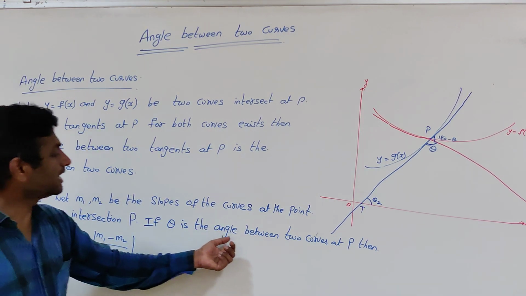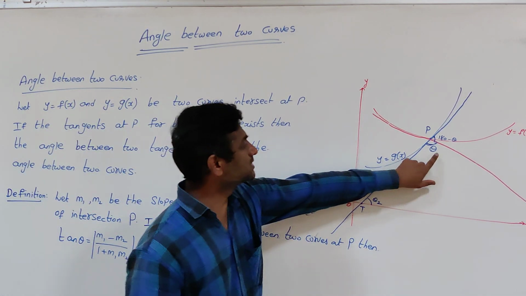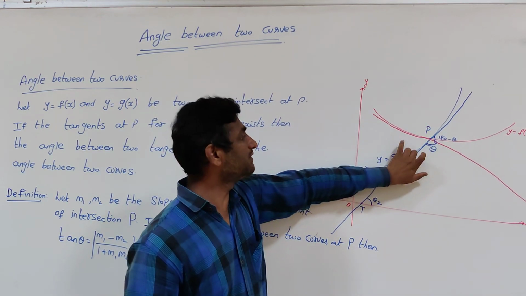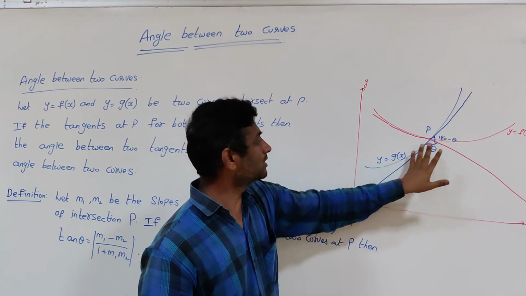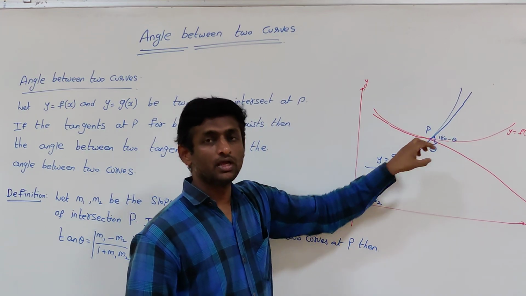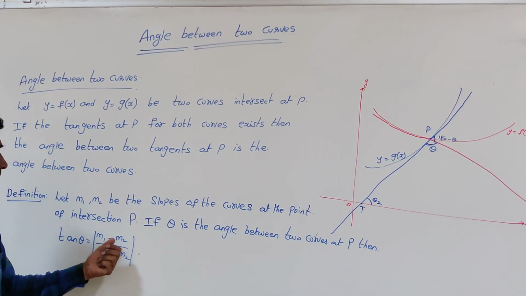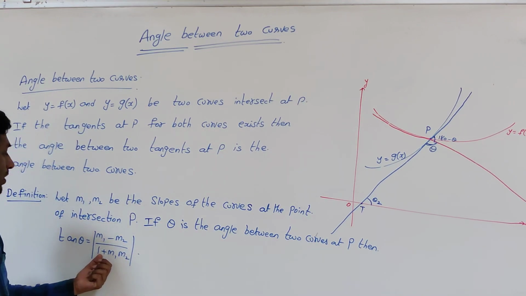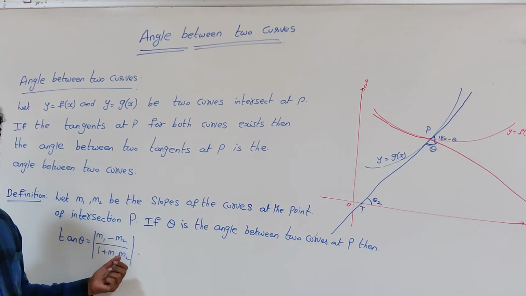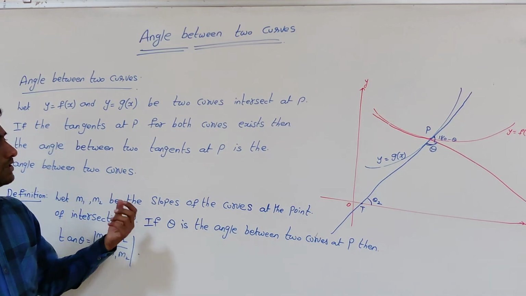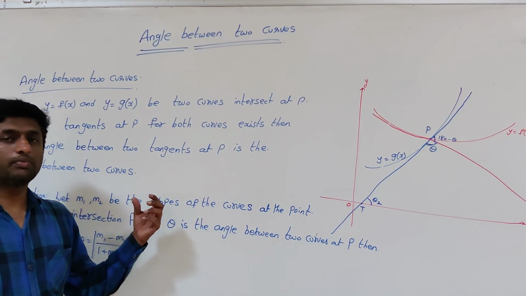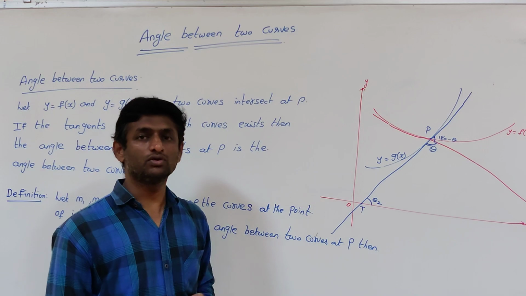If theta is the angle between two curves at P, then the angle between two tangents or the angle between two curves is given by tan theta is equal to modulus of m1 minus m2 by 1 plus m1 into m2. So we'll try to find some problems based on the angle between two curves.